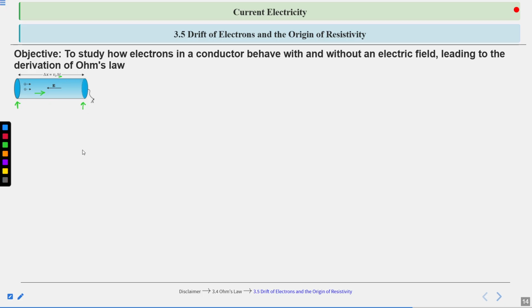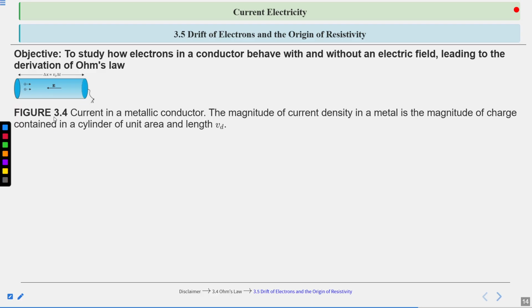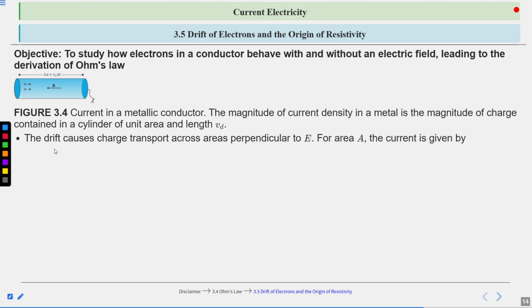Got it? So what is this figure representing? Current in a metallic conductor. The magnitude of current density in a metal is the magnitude of charge contained in a cylinder of unit area and length Vd. The drift causes charge transport across the areas perpendicular to E. For area A, the current is given by: I delta t = n e A vd delta t.